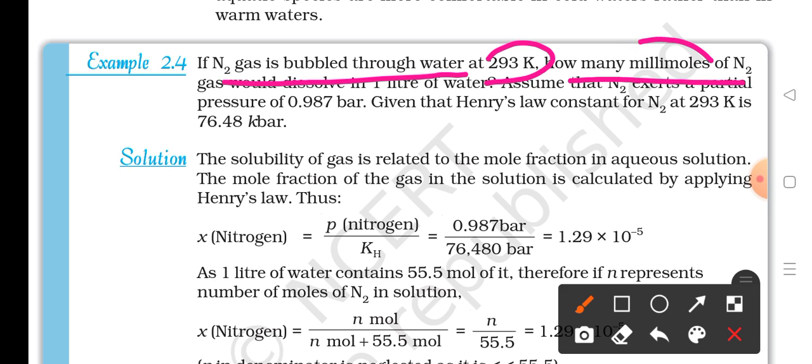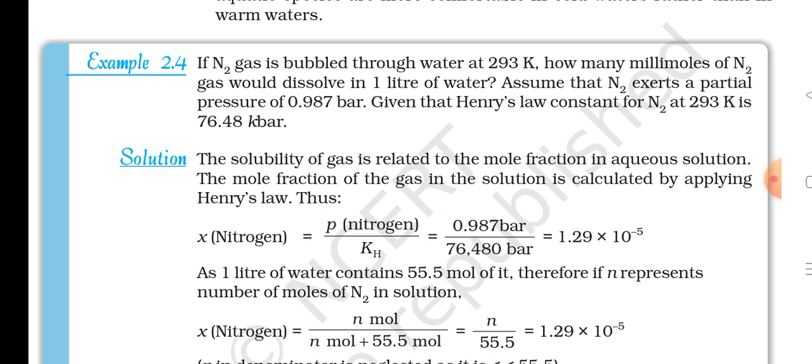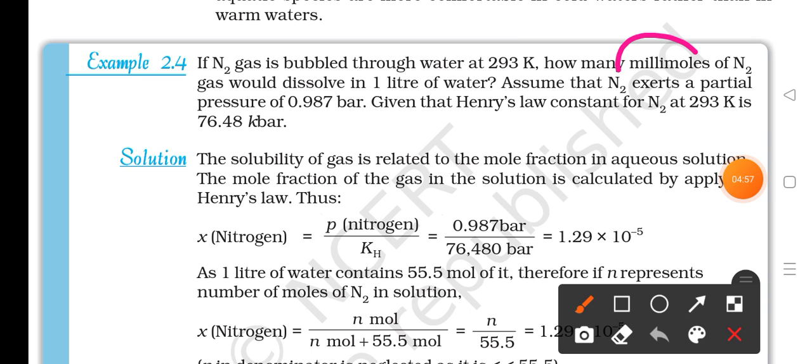We have to calculate the moles, and please underline it: we have to calculate in terms of millimoles, not in terms of moles only. If you complete the calculation, get the answer in moles and forget that you have to find it in millimoles, it will affect you. So just remember in which unit you have to give the answer.